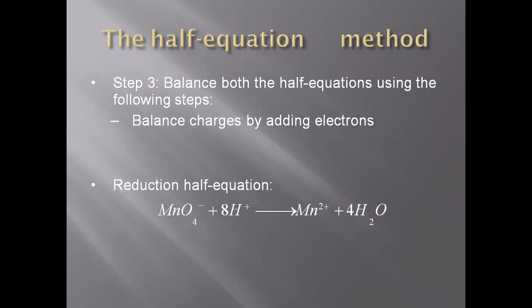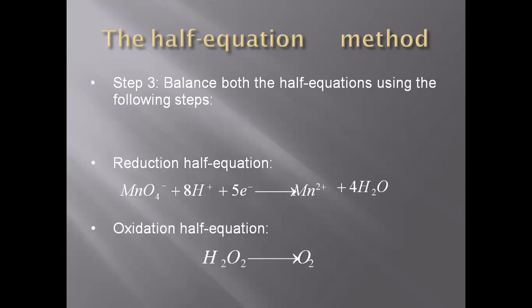The total charge on the reactant side must equal that on the product side. There is a difference of 5 in charge between the product and reactant sides, so we add 5 electrons on the reactant side to balance the total charge in LHS and RHS. Now we have the complete reduction half equation.